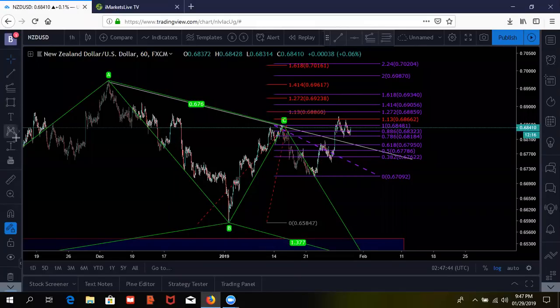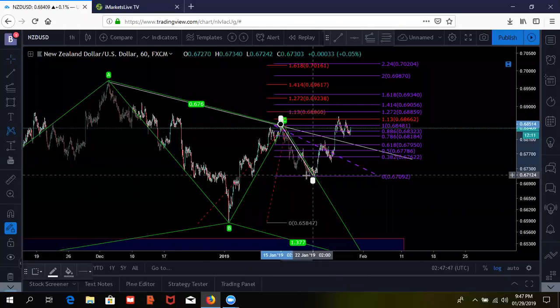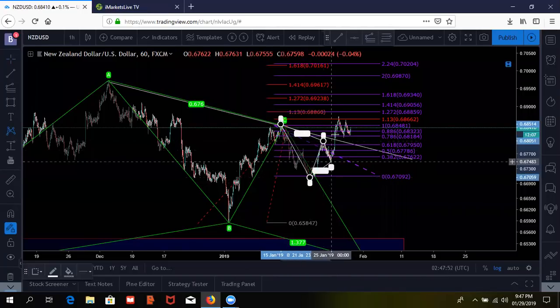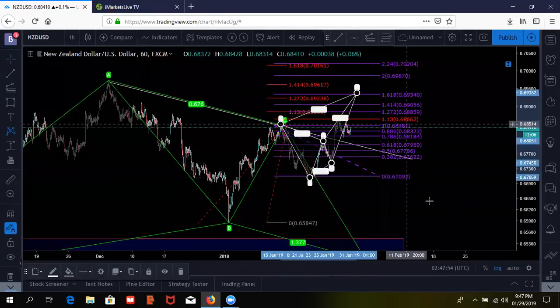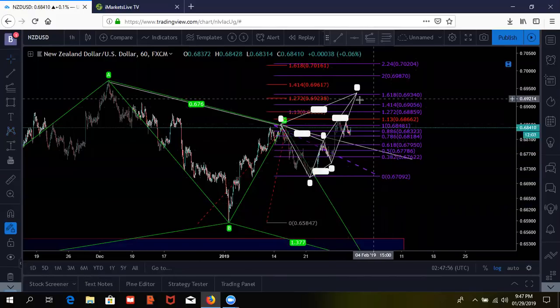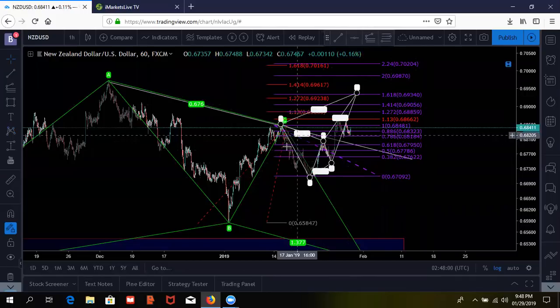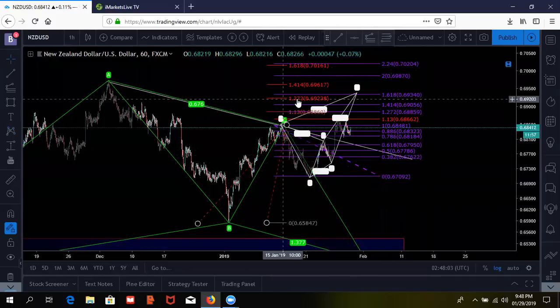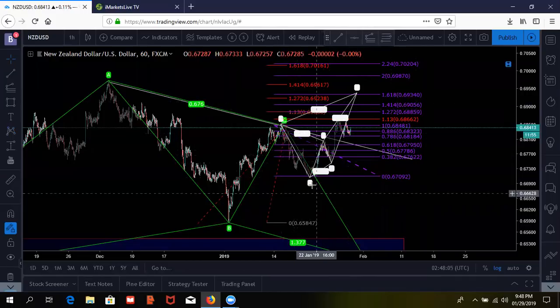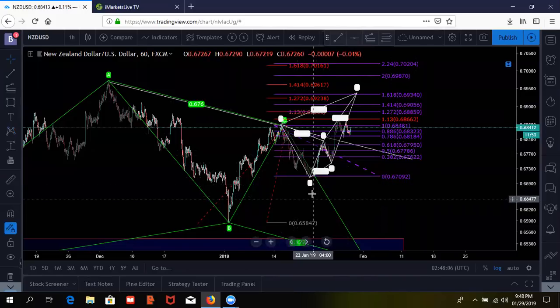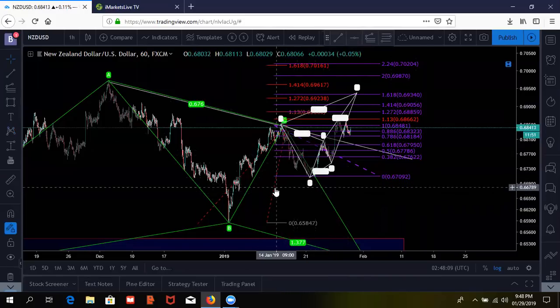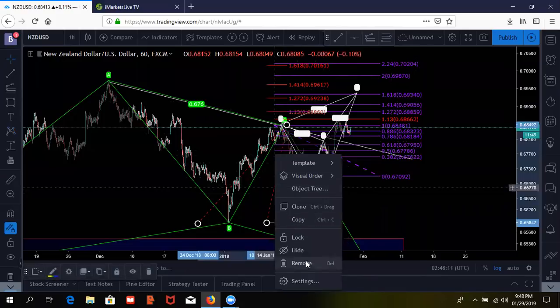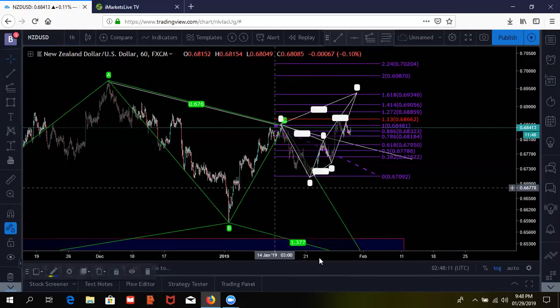That'd be a crab pattern right there that we could potentially get a nice sell opportunity out of. And it lines up with the completion of the Gartley, had it pushed down and given me that 61.8 retracement, which it didn't. So I'm not interested in that trade for Gartley.